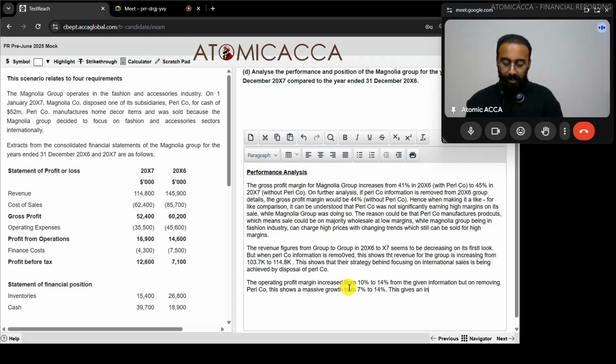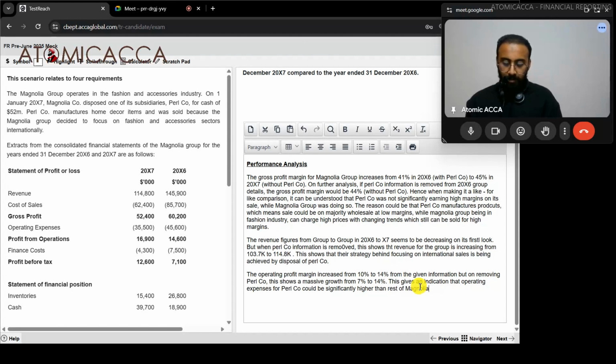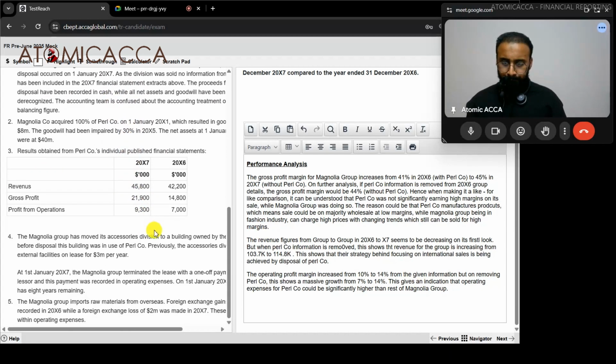This gives an indication that operating expenses for Pearl Company could be significantly higher than the rest of Magnolia Group. What else can we say? Some one-off expenses were here. Where was it? About lease payments and all these things you can say.